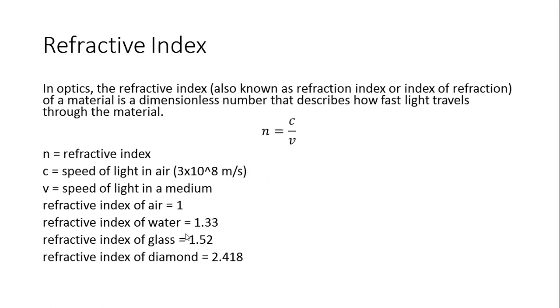And index has no units because it is only a number. And v here is the speed of light when it enters a medium other than air. And these are the indexes you should memorize for the quiz. And if you look at these indexes, you will see that a denser material will have a greater index.